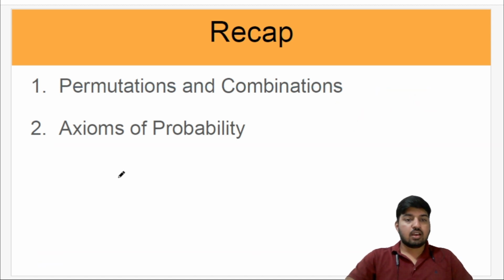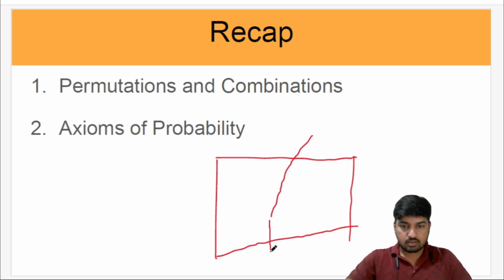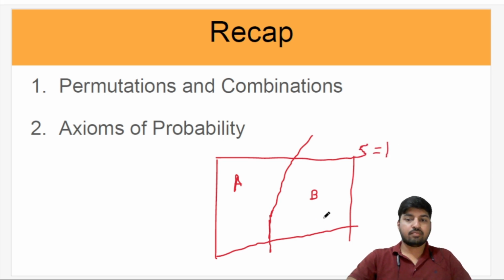If this is my sample space and it has exactly two parts, my event A and my event B, only two, then what is the probability of this whole sample space? It's always going to be 1.